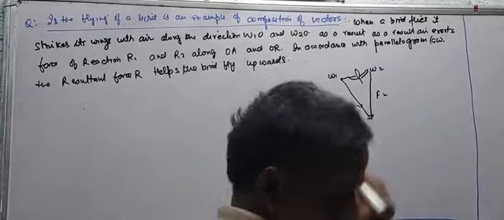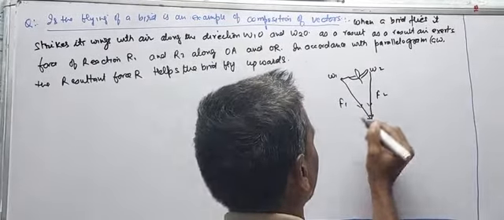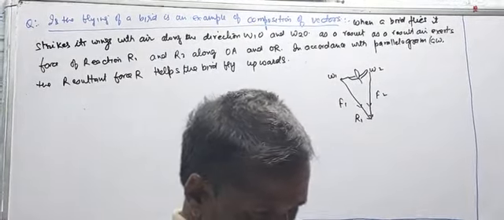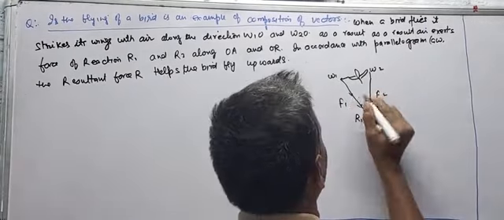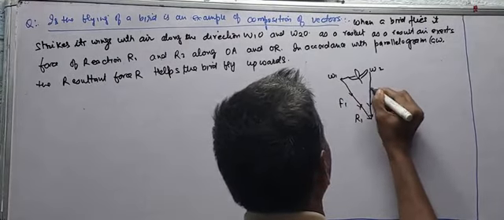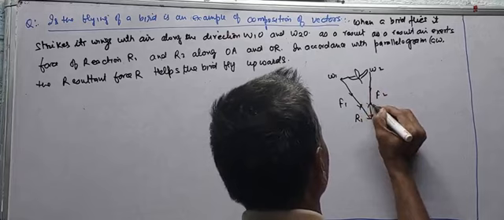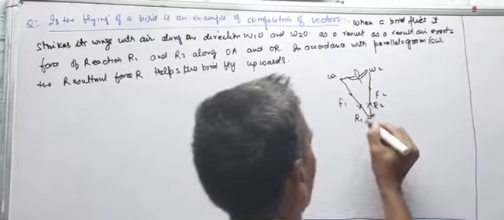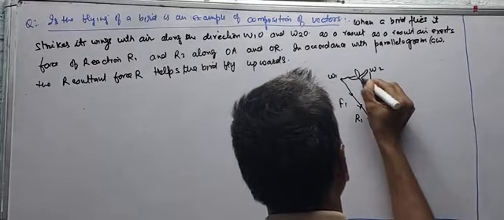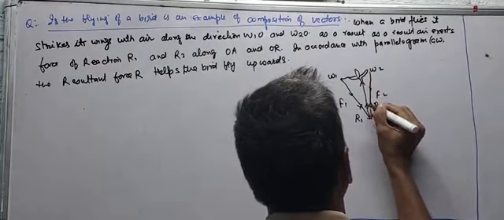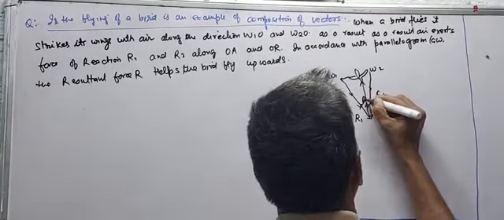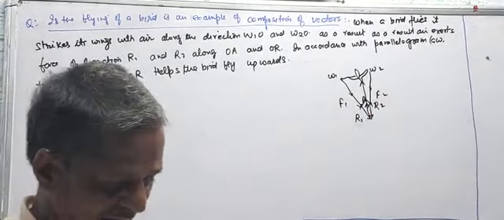This vector and this vector, this is the vector R2, and force exerted in this direction R gives the parallelogram.